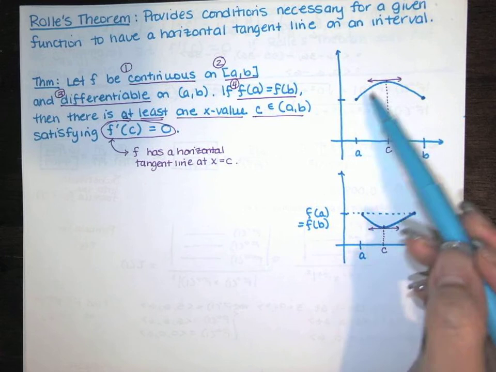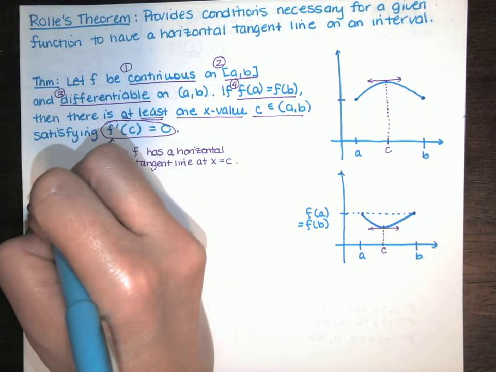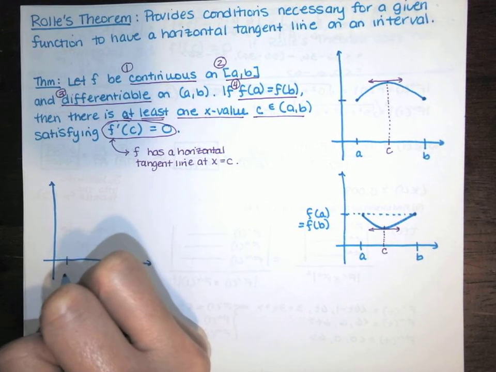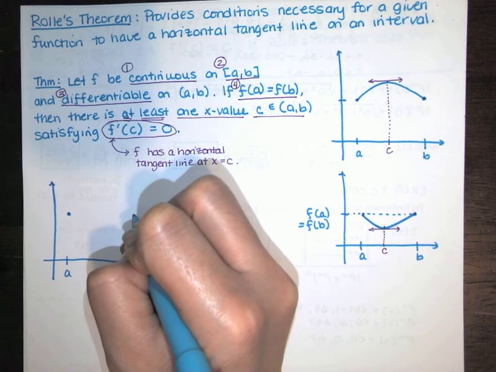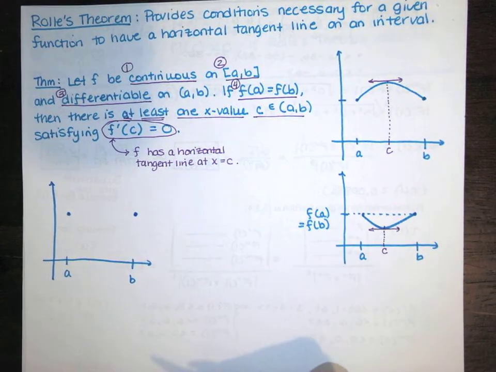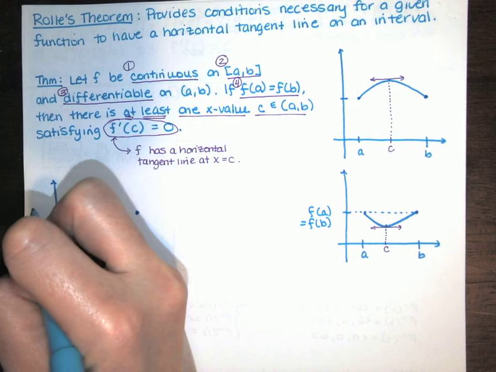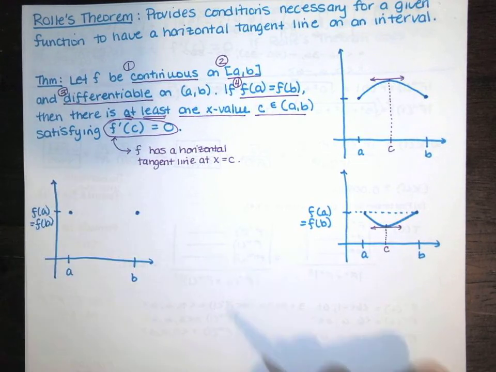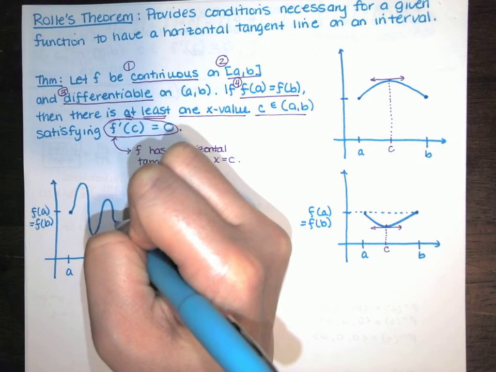Now, it's possible that it doesn't just do that once, it might do that multiple times. So maybe your graph looks like this. Maybe we started at x equals a and we ended at x equals b, and the y values are the same, and the function is continuous and differentiable on the interval. So Rolle's theorem applies. It might go up and then down and then up and then down and then up.